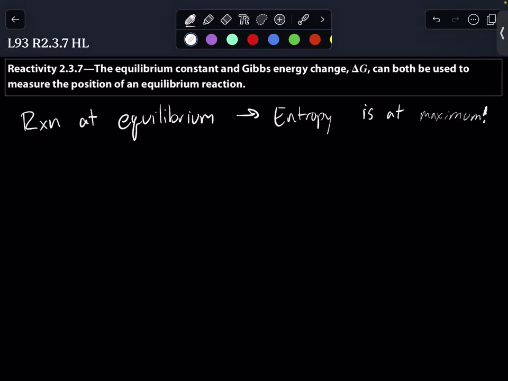Also, because it is spontaneously moving towards an equilibrium, we know that Gibbs energy is at a minimum. So at equilibrium, it is logical to see that we have a low Gibbs energy and a high entropy.